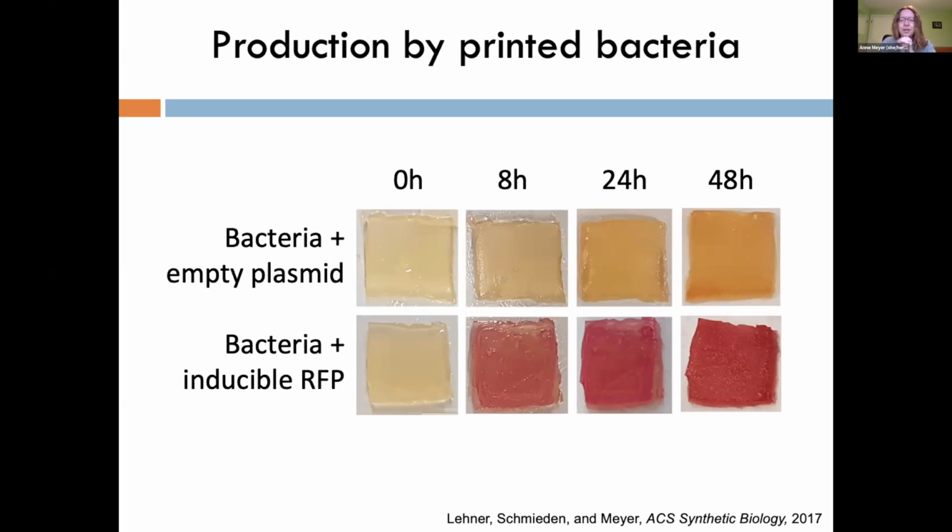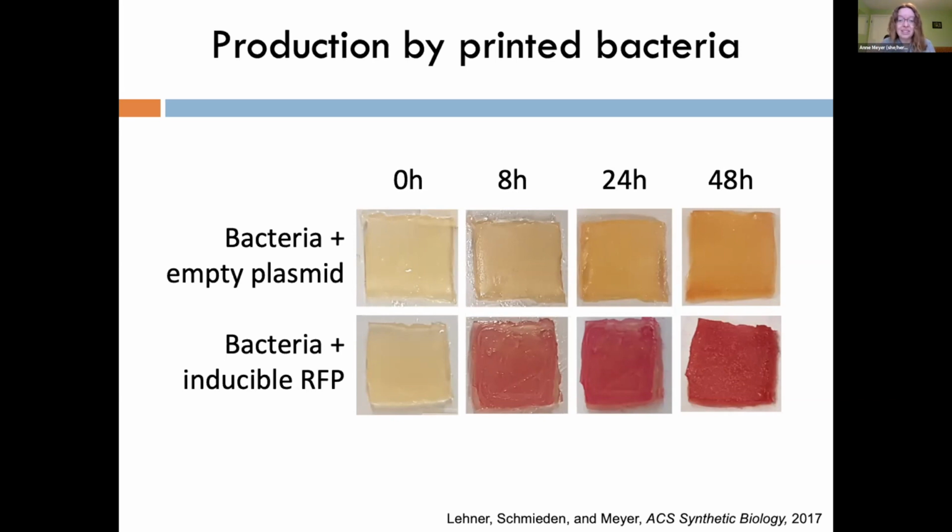So here's a toy example where Benjamin Lehner was printing a cube of bio ink containing bacteria carrying a plasmid to make RFP, red fluorescent protein. The bio ink just had the bacteria, but we printed onto a substrate that had the inducer to induce RFP production, such that it was not able to be induced until after it was printed, but we hoped the inducer would diffuse up and induce production.